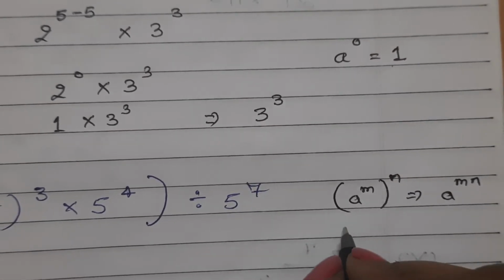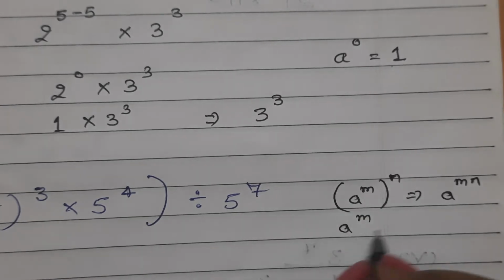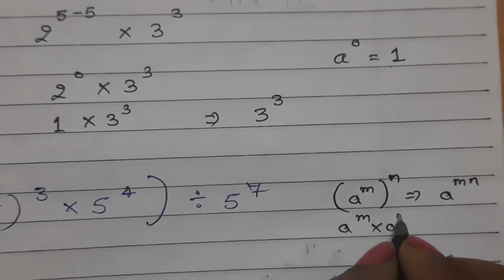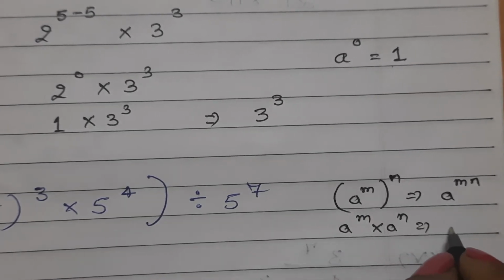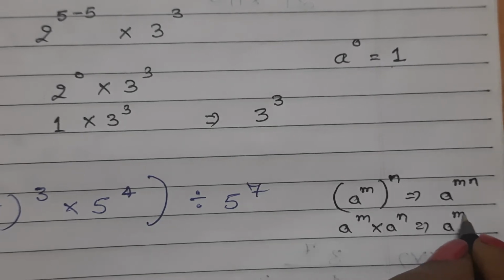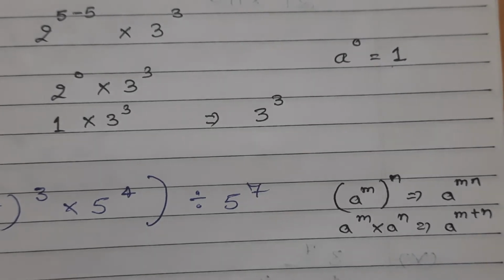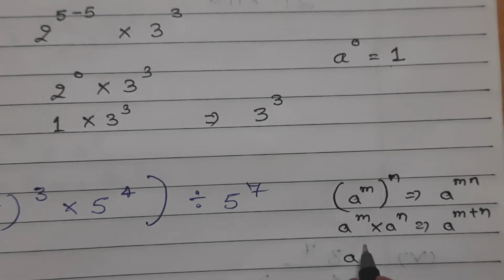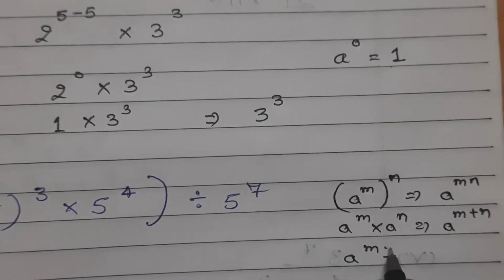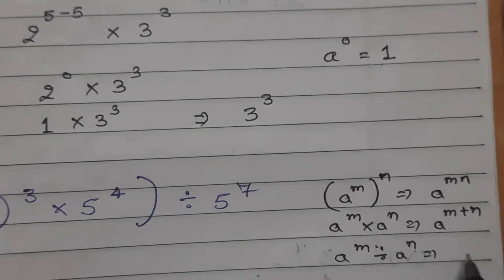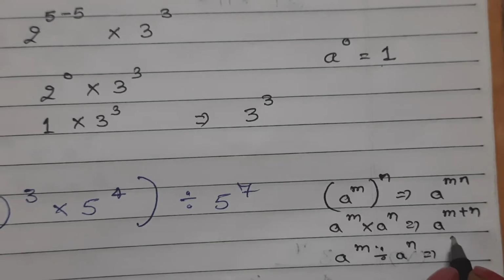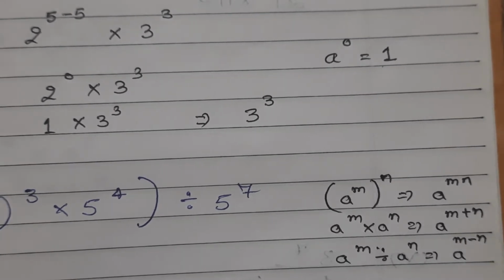The next law will be a to the power m into a to the power n, so it will be a to the power m plus n. Next is for the division: a to the power m divided by a to the power n, so the answer will be a to the power m minus n.